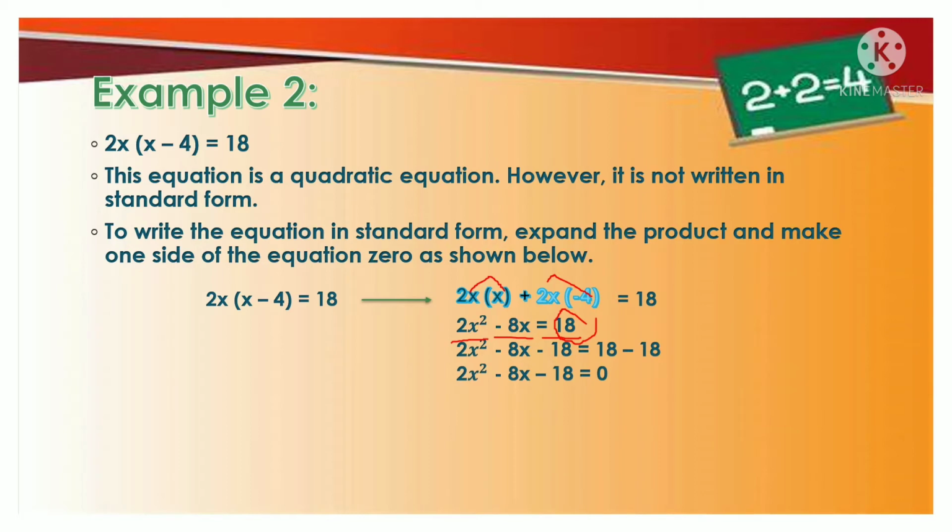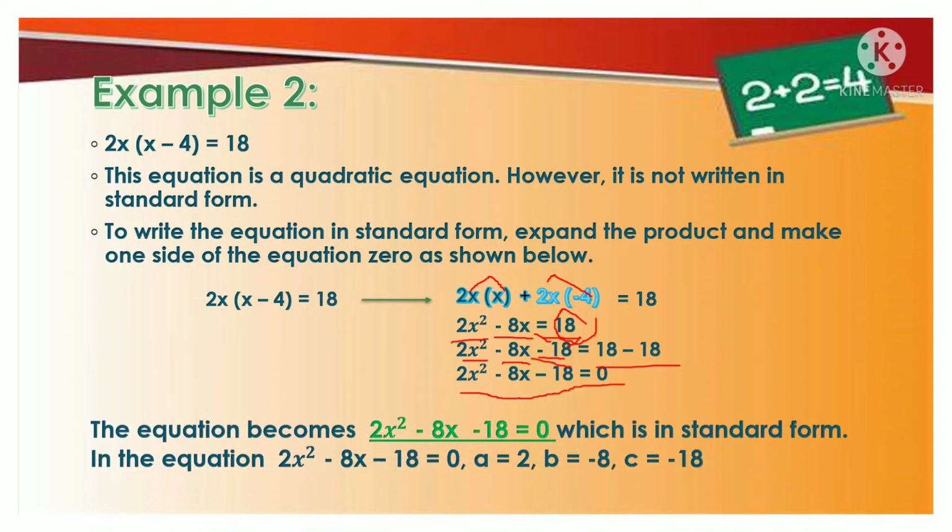When we are moving this number to the other side of the equal sign, we are going to change the sign. Since the sign of the 18 is positive, this will become negative. So bring down 2x squared minus 8x, and then positive 18 will become negative 18. To make this into 0, 18 minus 18. Therefore, our equation now is 2x squared minus 8x minus 18 equals 0.